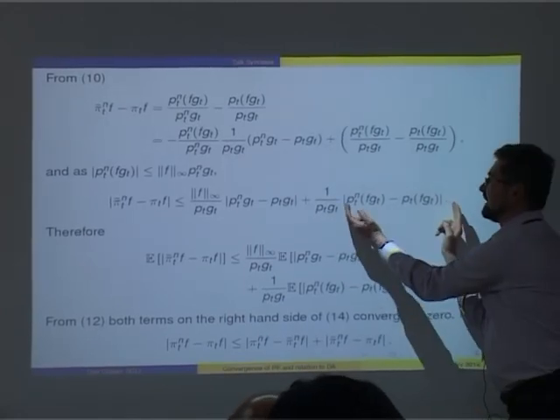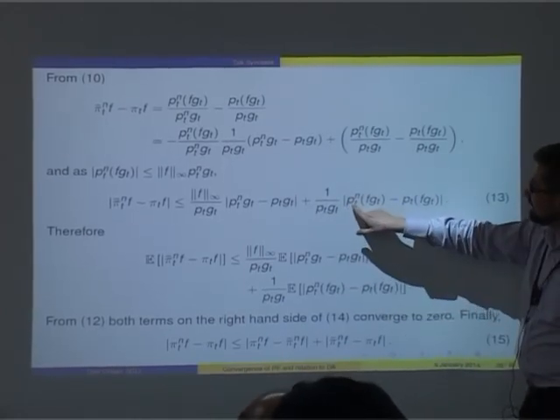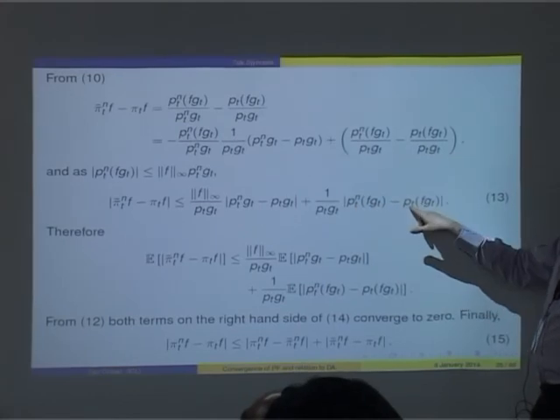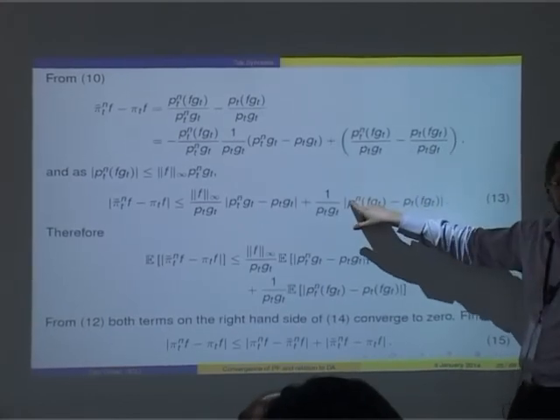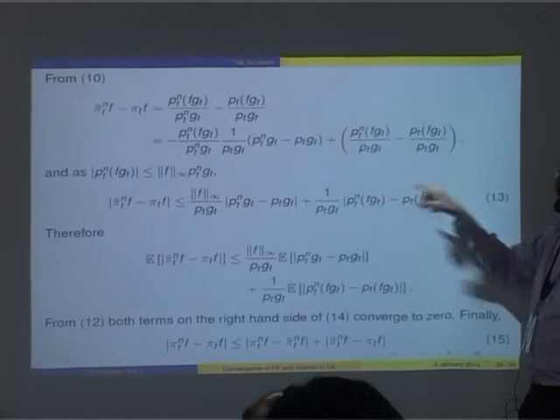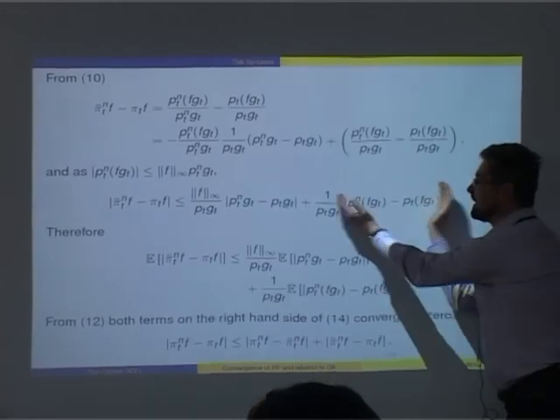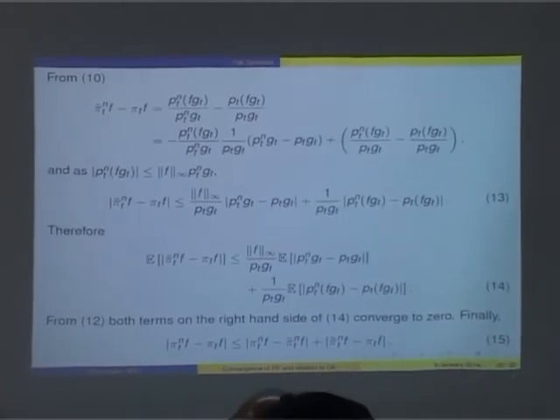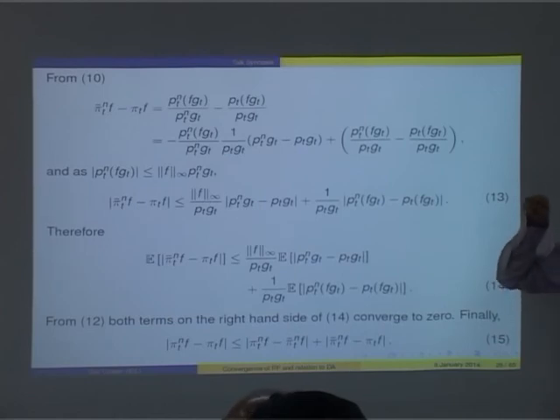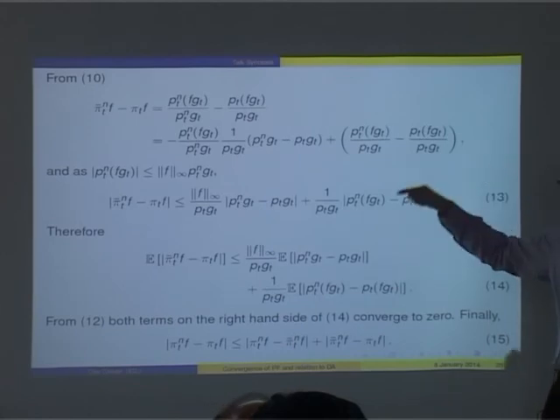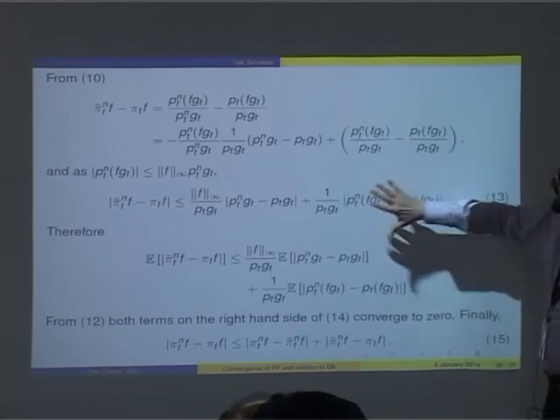And what I have in the brackets is the difference between PT and PTN, the approximation, applied to another measurable function. And I know that this is going to go to 0. So remember, what I want to prove is that PTN goes to PT would imply the projective product of PTN and the projective product of PT converge to 0. So this part is done.